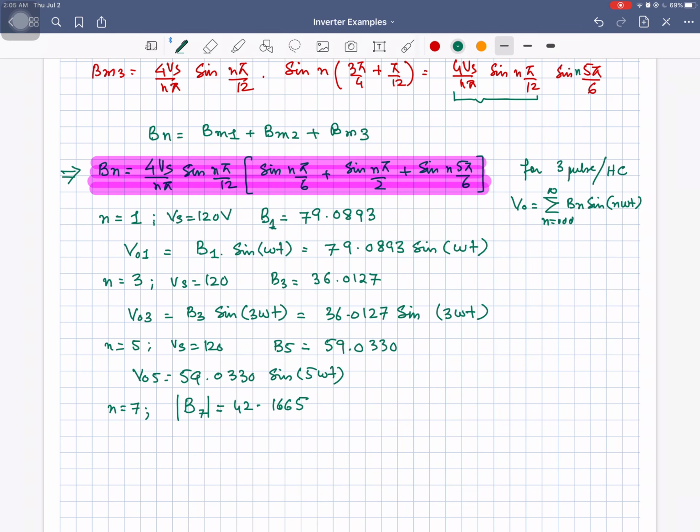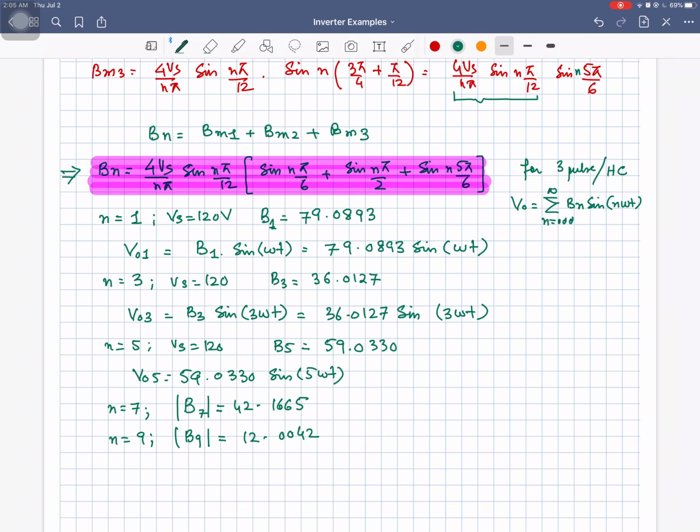Okay, so that can be reflected in the phase of that harmonic because of the negative sign. Similarly, if we take the ninth harmonic, B9 will be equal to 12.0042 and so on. So all of the harmonics can now be calculated.